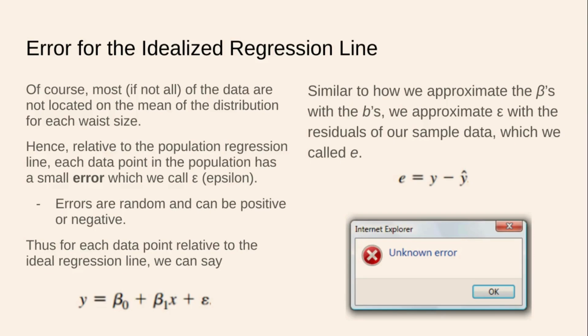So similar to how we would approximate the betas with the lowercase b's, we approximate epsilon with the residuals of our sample data, which we call e. So for sample data, a residual is the observed y value minus the y value that we'd find by plugging x into the regression line.